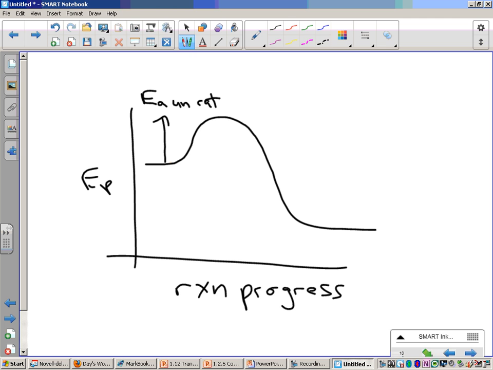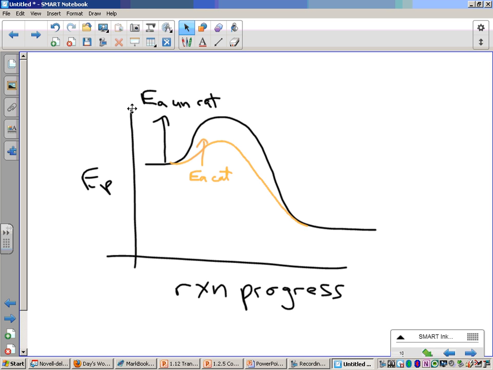And now all I'm going to do is put a smaller bump here. It ends in the same spot. And this little amount here from my starting point up to there, that is EA cat. All right? That's all you have to know about a catalyzed situation.